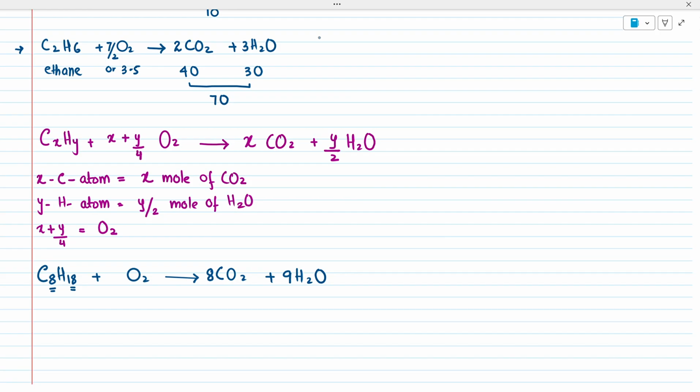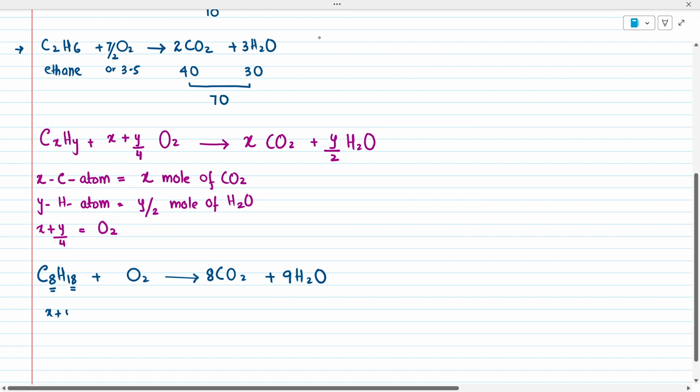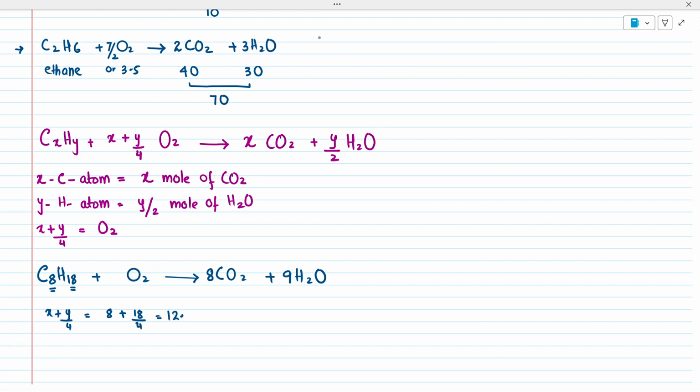To balance oxygen, you just write x plus y over 4. x is 8 plus 18 over 4, it will be 12.5. So it requires 12.5 moles of oxygen.